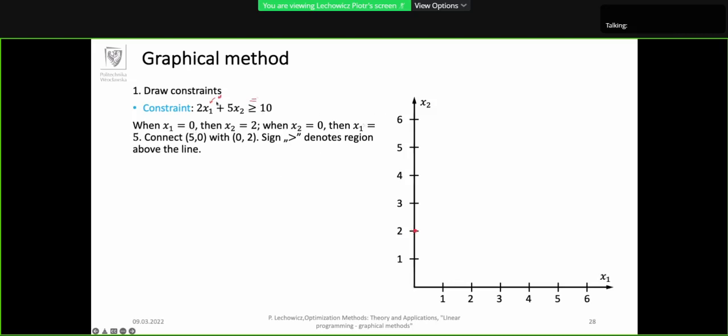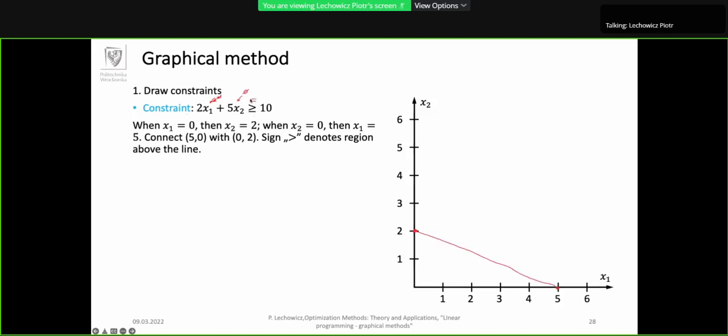Then we are changing the approach and assuming that x2 is equal to 0, and we have to calculate what's the value for x1, and it's obviously 5. So the second point is 5, 0. So we have 2 points. We have to draw a line between those points, and then we are considering the inequality.